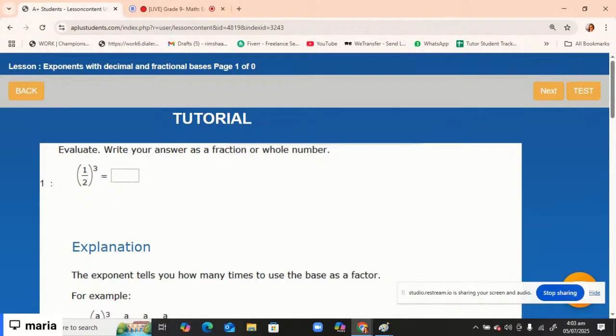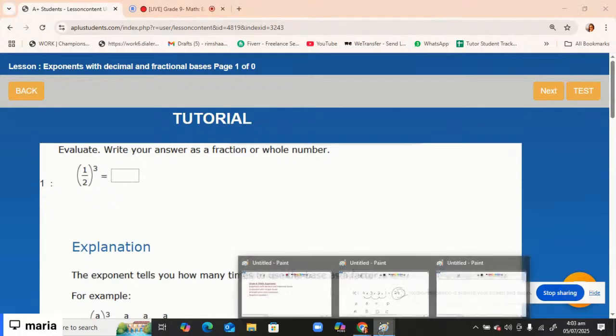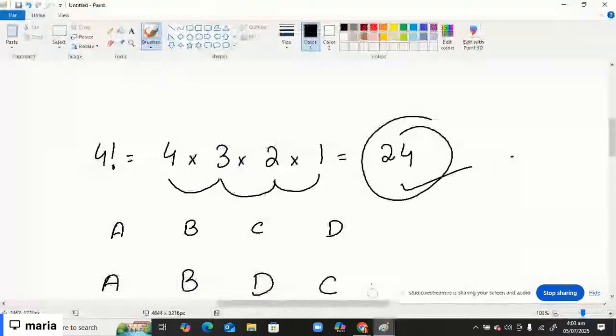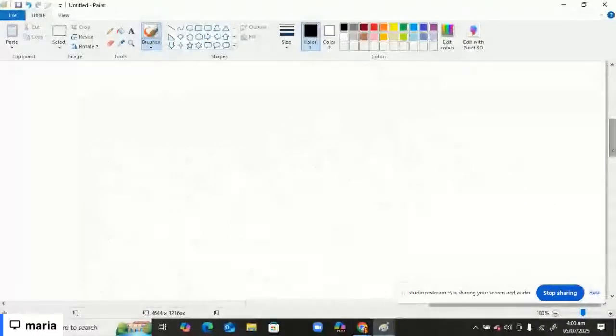So what are exponents? Exponents are denoted in this way. For example, there is a base and over it a power n. Let's suppose 2 is the base and here is some power like 3. This is called the exponent.